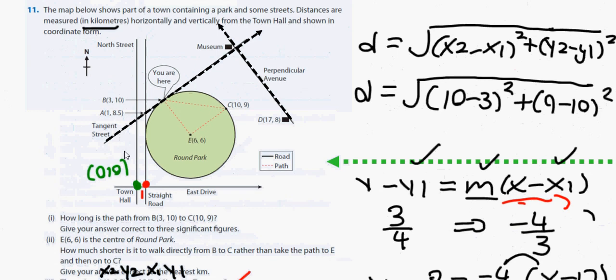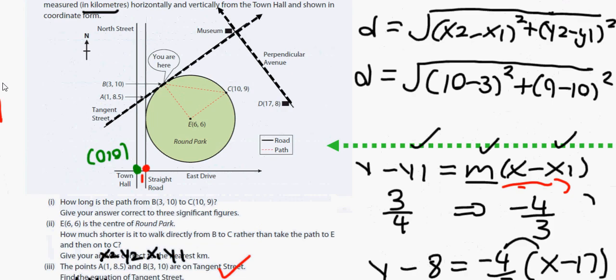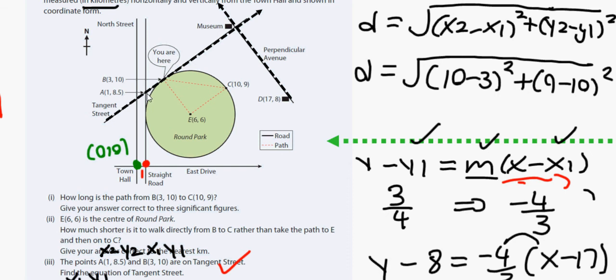now he wants to go from the town hall all the way to the museum. So he goes up. Now he's going to go all the way up to the start of Tangent Street. So this means he travels directly up 8.5. So it's going to be 1 plus 8.5.